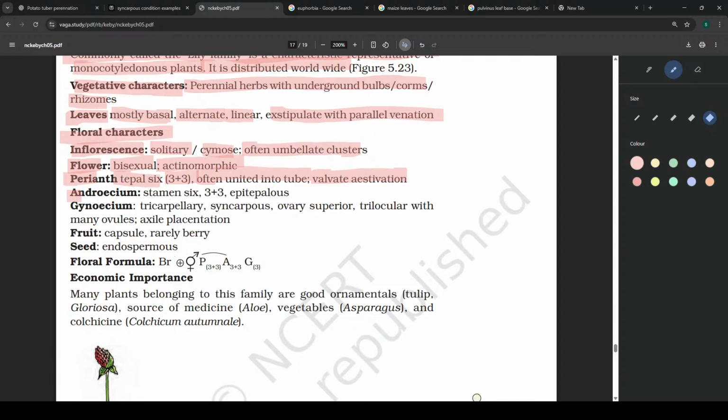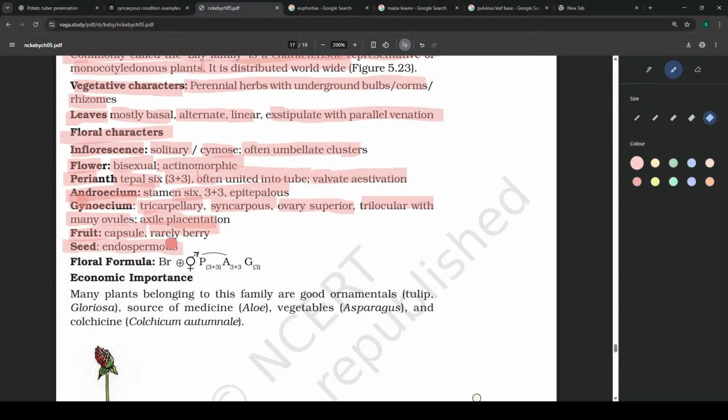Valvate aestivation. Androecium, stamens 3 plus 3, epiphyllous. Gynoecium tricarpellary, syncarpous, ovary is superior, trilocular with many ovules, placentation is axile. Fruit is a capsule, rarely a berry.